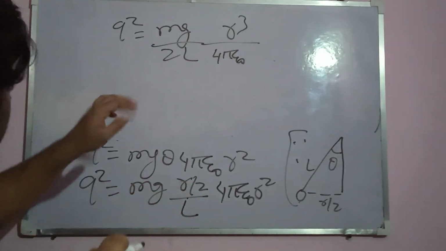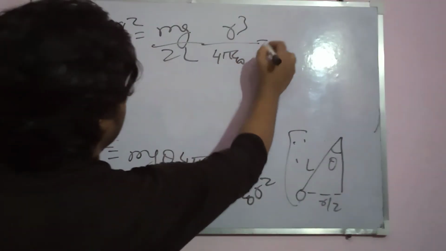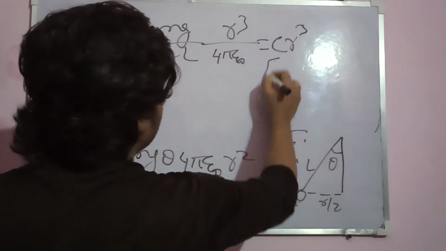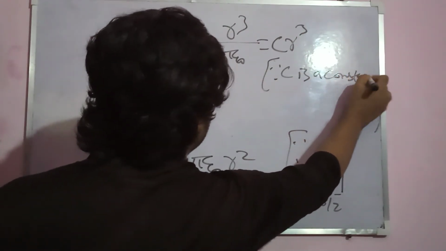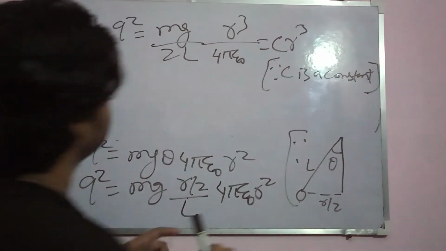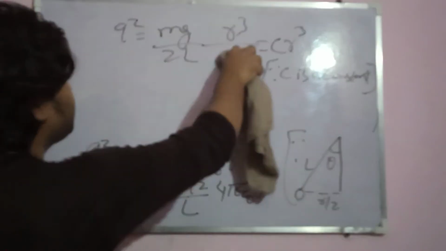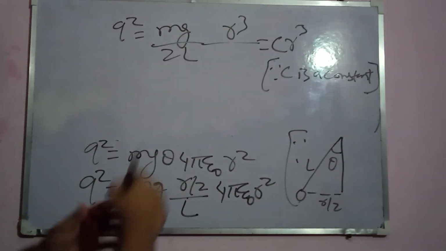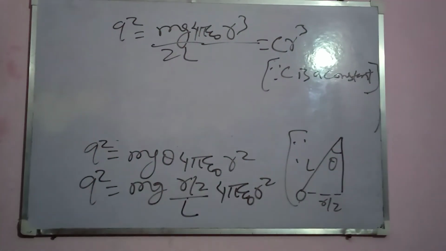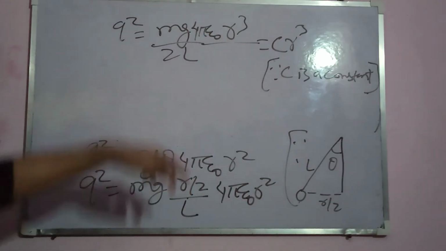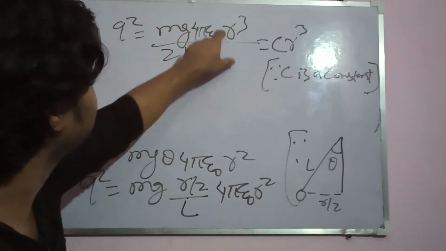You can see that all these things are constant, so I can write it as C r cube, where C is a constant. 4 pi epsilon naught will be upstairs. And the value of C is this total constant.